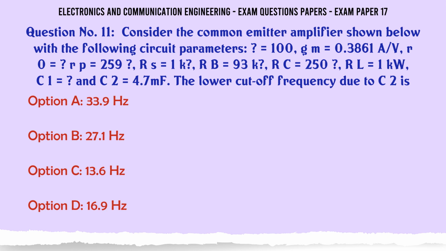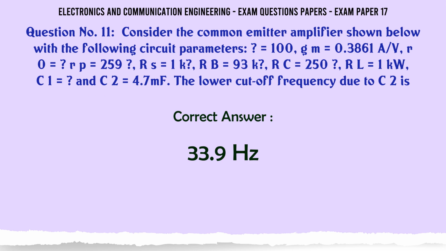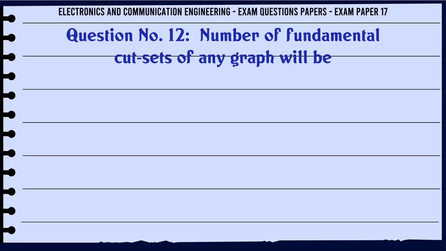The lower cutoff frequency due to C2 is A. 33.9 Hz. B. 27.1 Hz. C. 13.6 Hz. D. 16.9 Hz. The correct answer is 33.9 Hz.